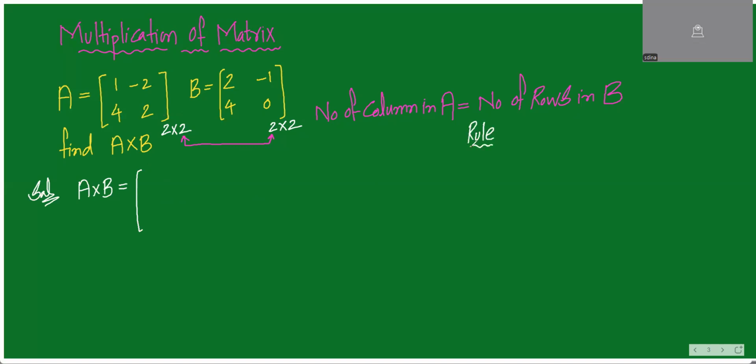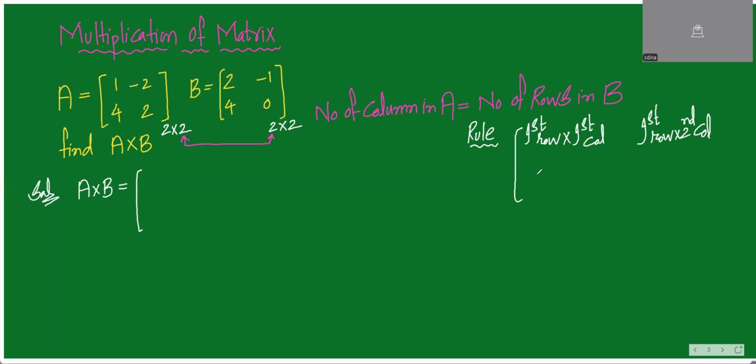Rule is: first row into first column. First row into first column. Then first row into second column.